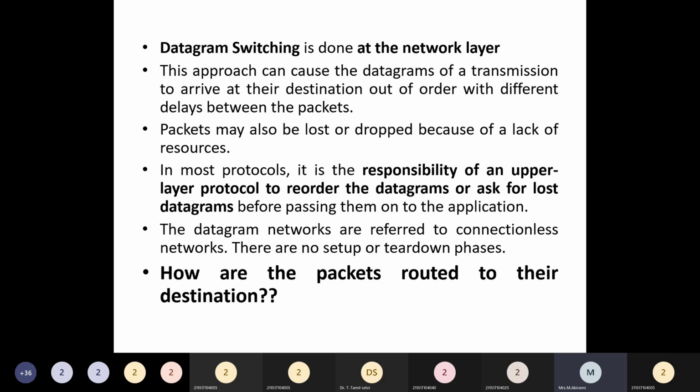In this approach of datagram transmission, there is a delay among the different data packets.